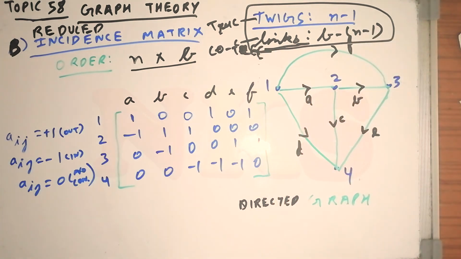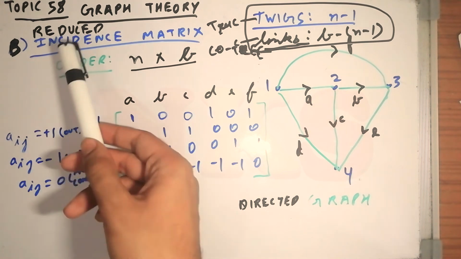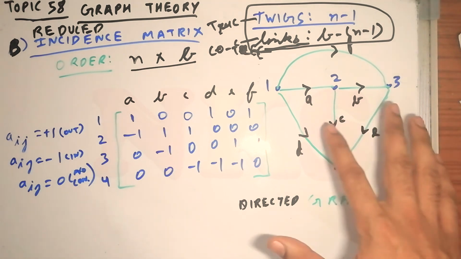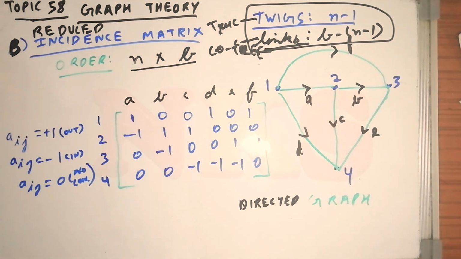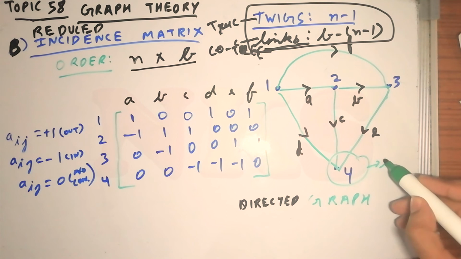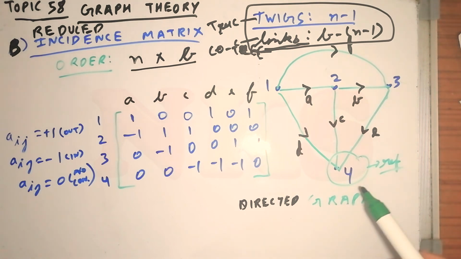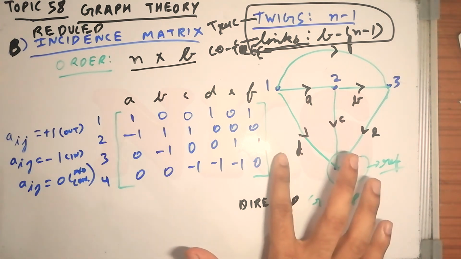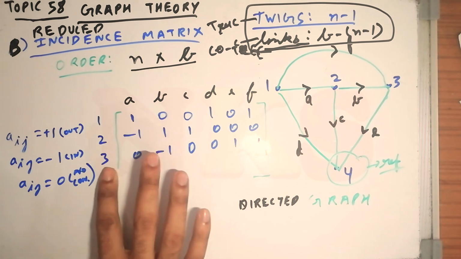So now we will discuss our topic, the reduced incidence matrix. So what is a reduced incidence matrix? In this graph, if you take any one node as reference, let me say that I have taken this fourth node as the reference node. So what will happen? The row corresponding to this fourth node is removed. So my matrix remains only this one.